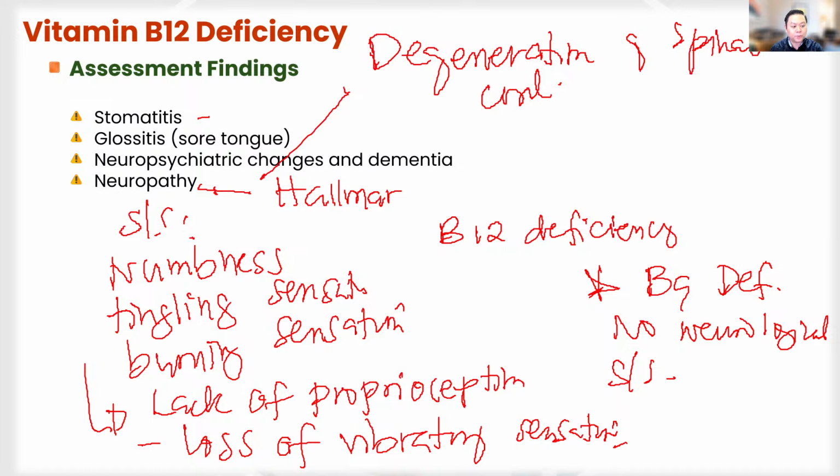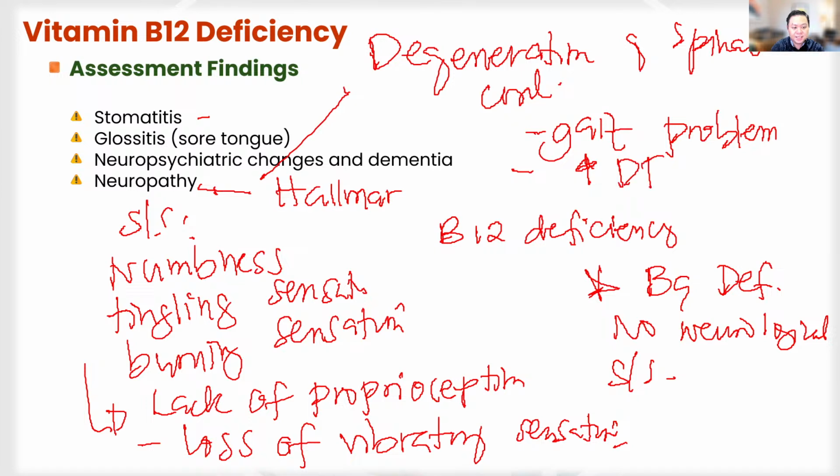Gait problems, especially if the affected part of the spinal cord is in the dorsal and the lateral columns. And also when there is an effect on the motor neurons, upper motor neurons rather, their deep tendon reflexes will also be increased, okay?